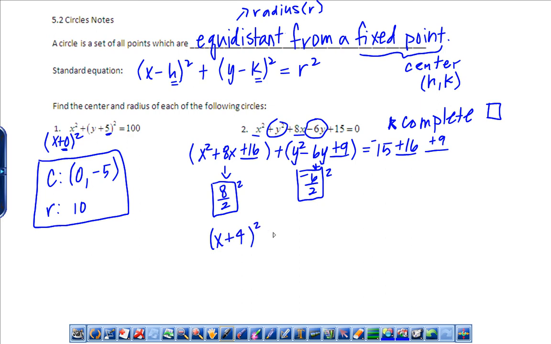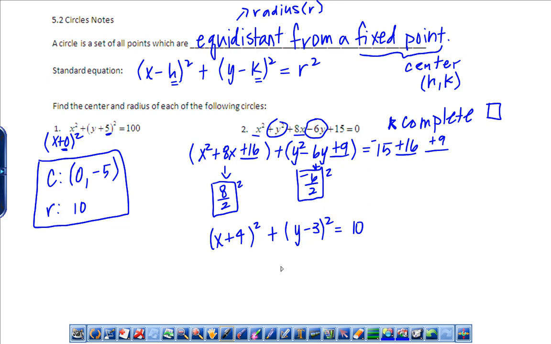This is quantity squared. My y is going to be y. Since this is a minus sign, this is going to be minus 3, quantity squared. And this all together is going to be my r squared, so this is 10. This is your standard equation.